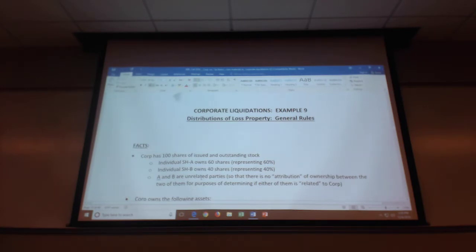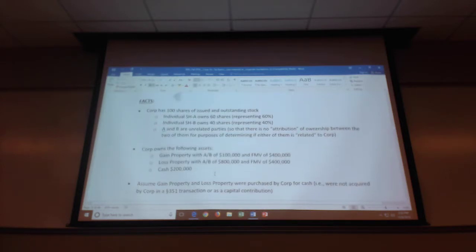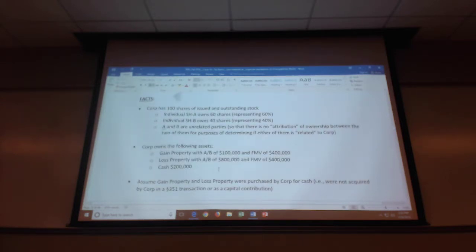So the fact pattern here, if you've noticed, is almost identical in the sense that I'm assuming a 60% shareholder and a 40% shareholder. Shareholder A owns 60%, shareholder B owns 40%. They are unrelated to each other. And the assets, I think in almost every example, are the same. Namely, there are two $400,000 assets. I call it gain property and loss property.